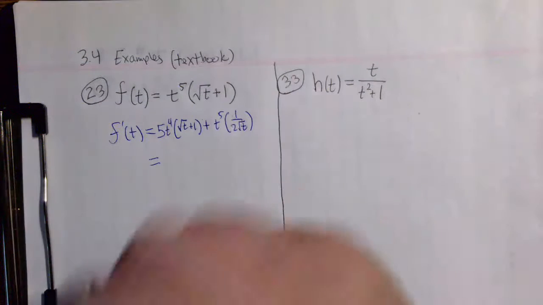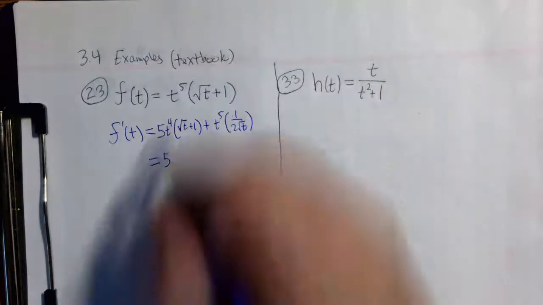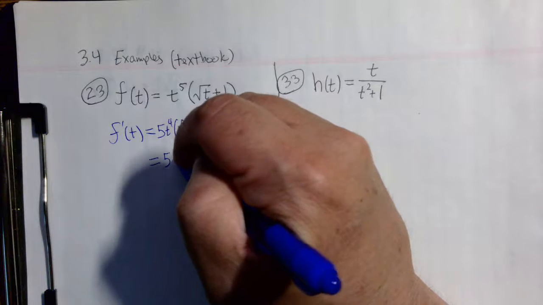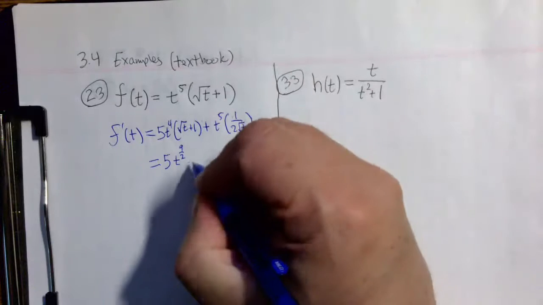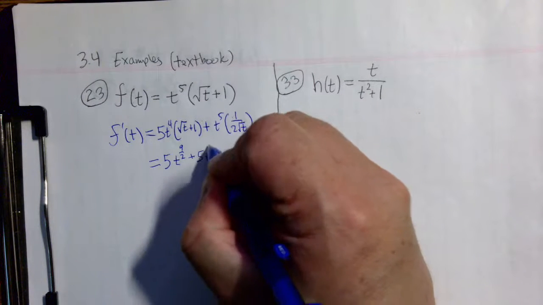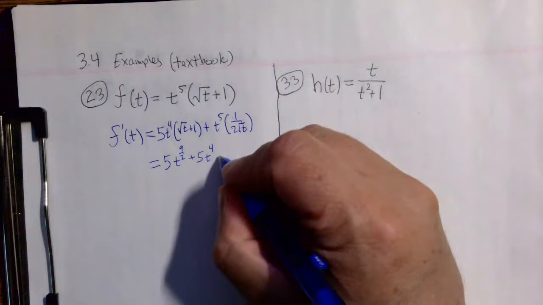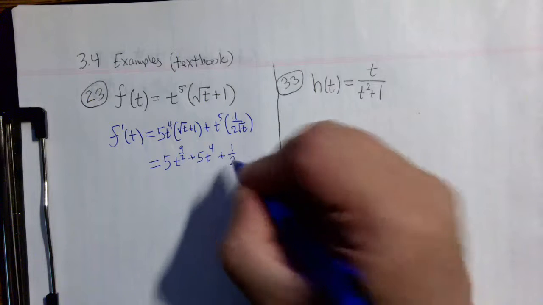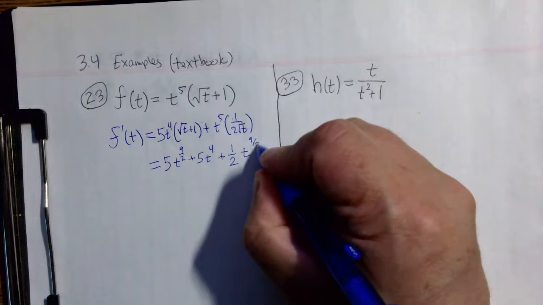Okay, so 4 is 8 halves, so when I multiply this, this is going to be 5t to the 9 halves plus 5t to the fourth, and then I'm going to have 1/2 t to the 9 halves.